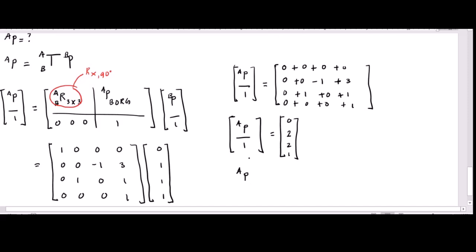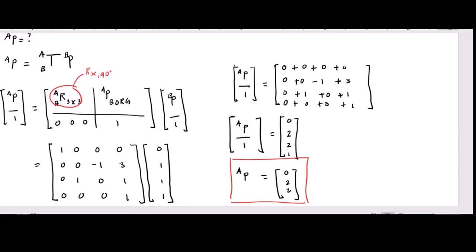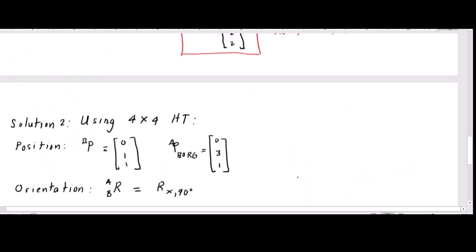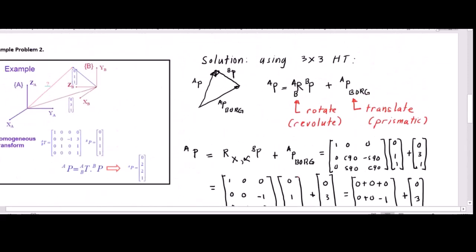Finally, removing the compensation values, P to A is actually equal to 0, 2, 2. So this is the answer for the P to A. The final position solved by using the 4 by 4. Or you may write P to A is equal to 0, 2, 2 transpose. So that's the solution for this problem number 2.